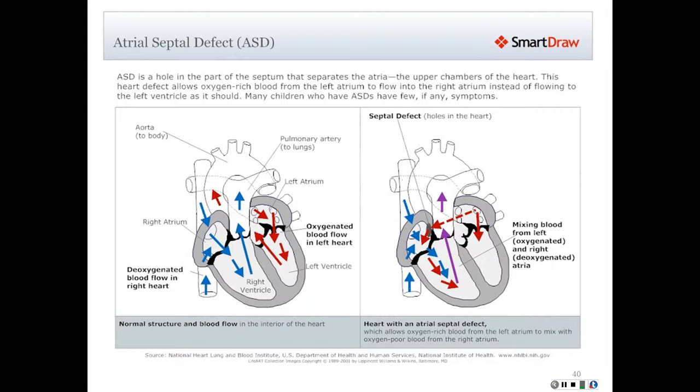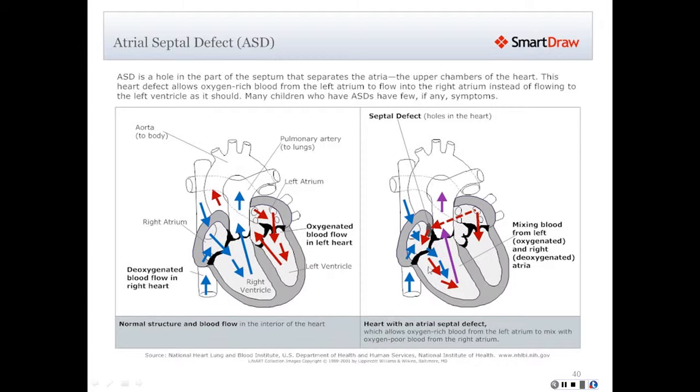This is just a representation looking at the changes that go on. Again, on the left is the normal flow of blood. Then you look at the right and look at the changes that go on. You can see the oxygenating blood coming from the left atrium, going through the defect inside the wall between the two, and then moving into the right atrium.